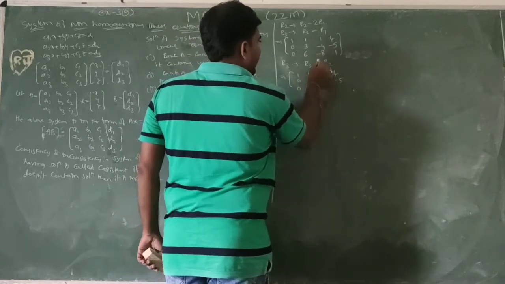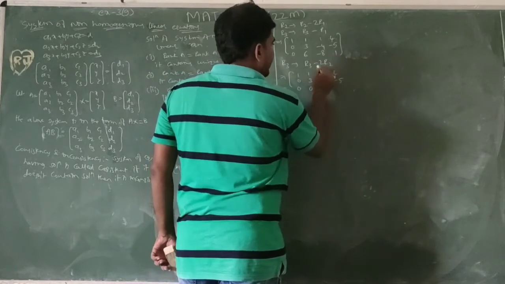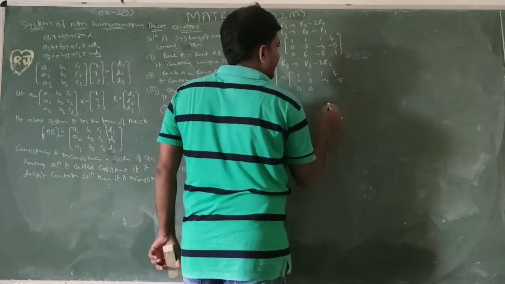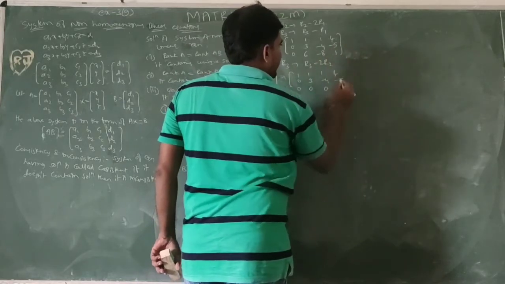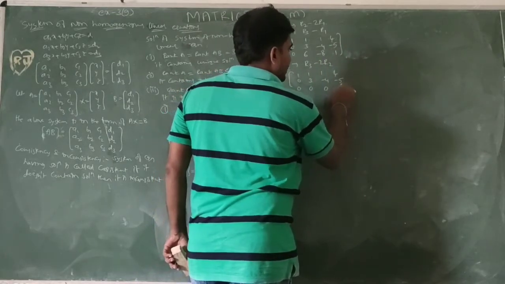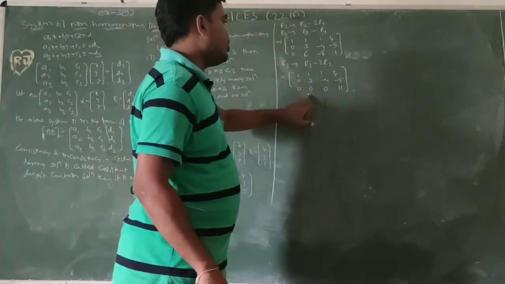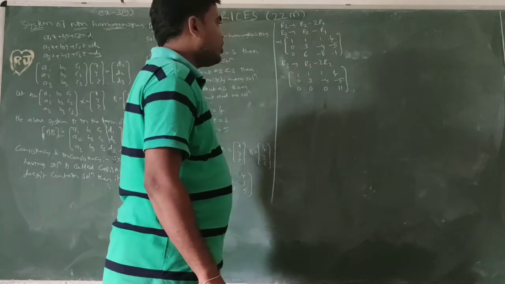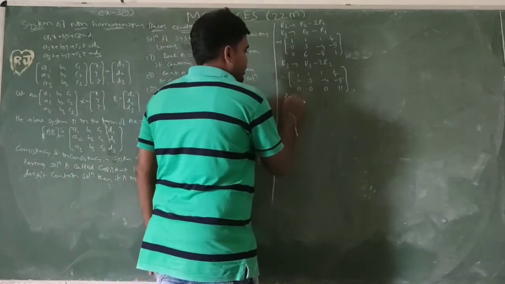So 6 minus 2 into 3, minus 6, 6 minus 6 is 0. This is minus 8, minus 2 into minus 4 plus 8, minus 8 plus 8, 0. This is 1, minus 2 into minus 5 plus 10, 1 plus 10, 11. So actually we need to convert this one to 0, but automatically this is also 0. First, I want to write rank A.